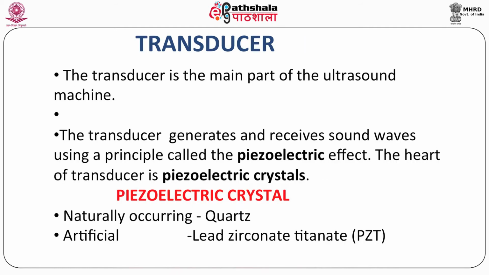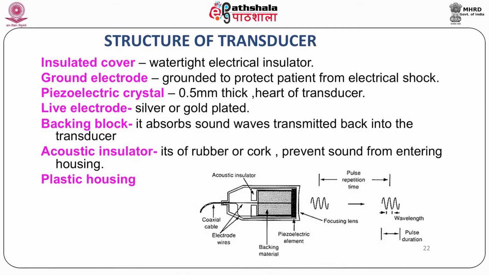Now coming to the transducer. A transducer is a device that converts one form of energy into another, as shown in the figure. Ultrasound transducers are used to convert an electrical signal into ultrasound energy, and also convert ultrasound energy coming back from tissue into an electrical signal.